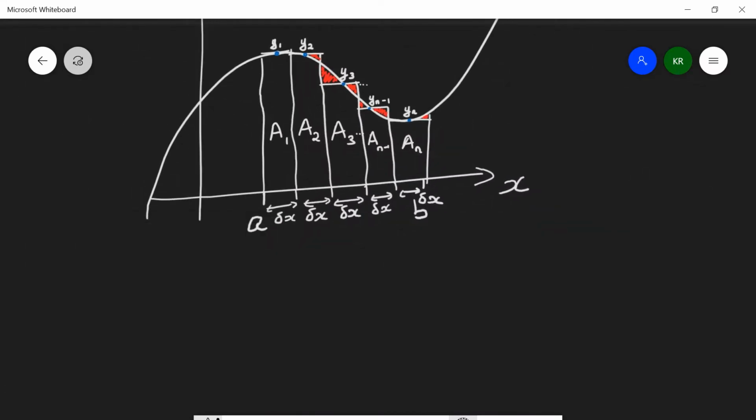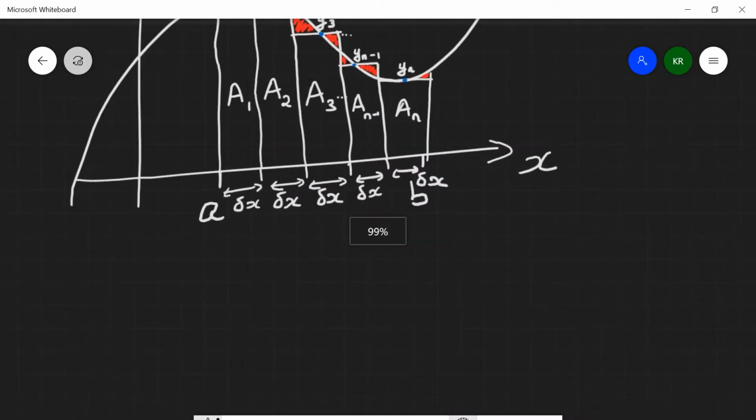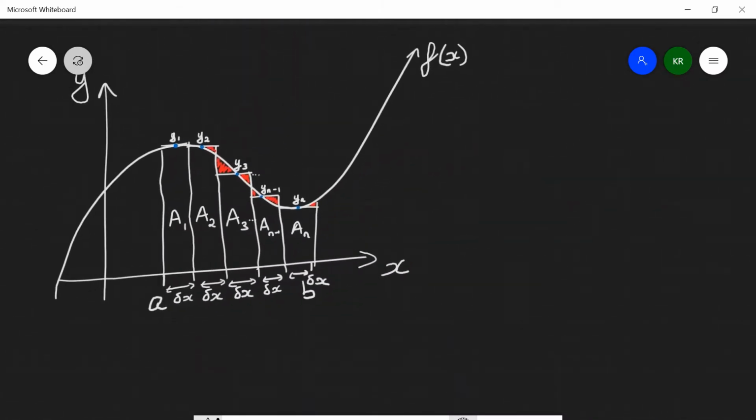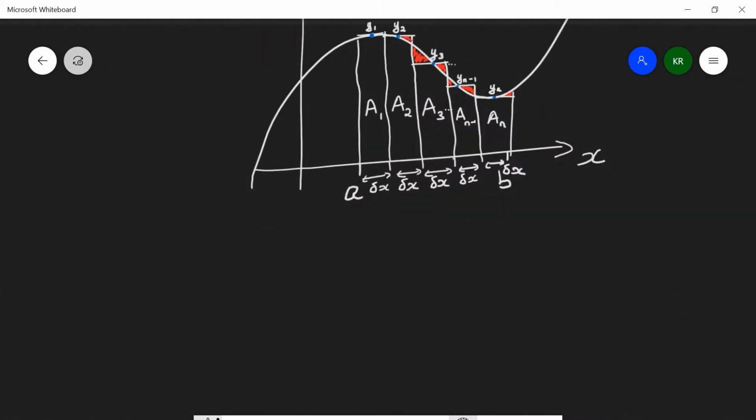So before I do that, let's come up with an expression for delta x. What is delta x? Well, we can see that this width here is n lots of delta x. Why do I say that? Because there's n rectangles and each of them has a width delta x, so there's n widths delta x.